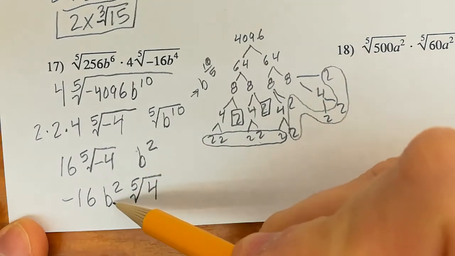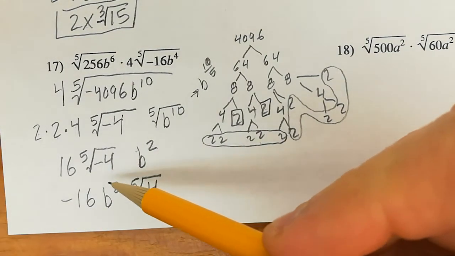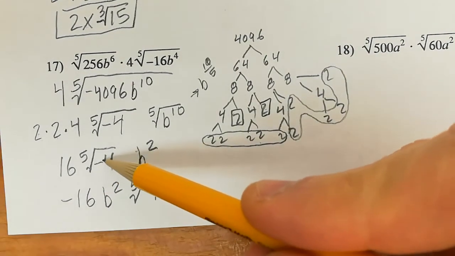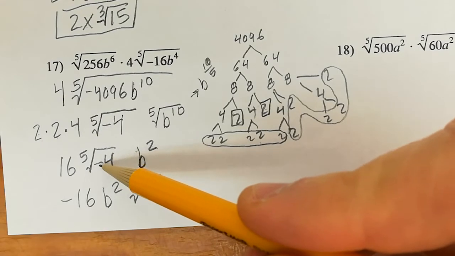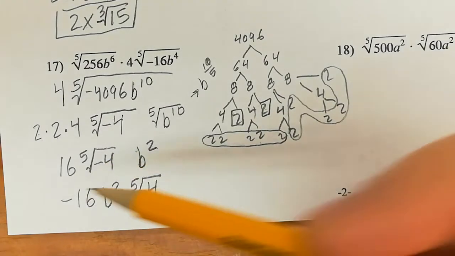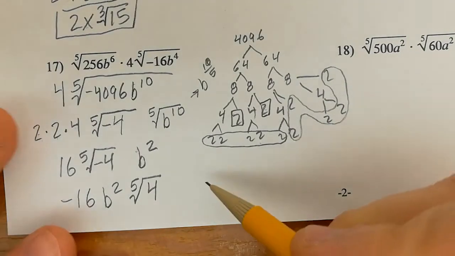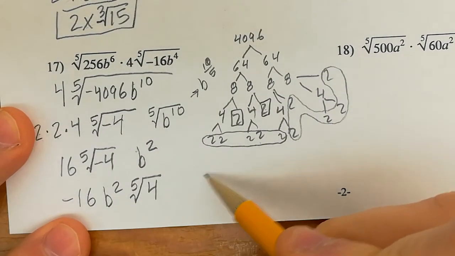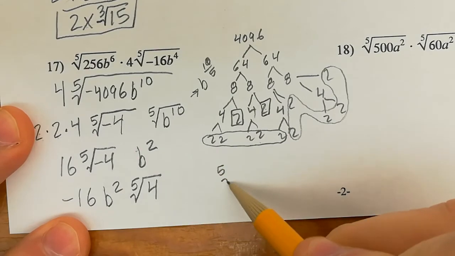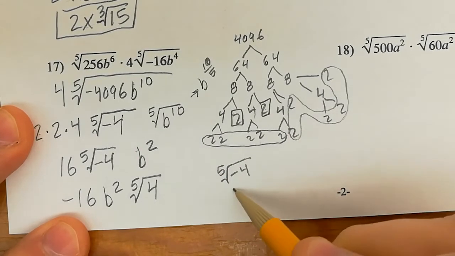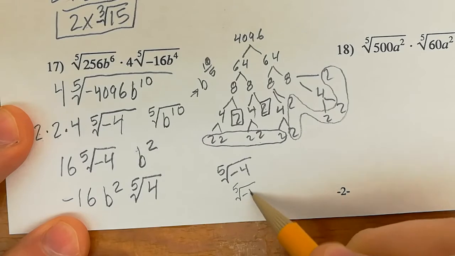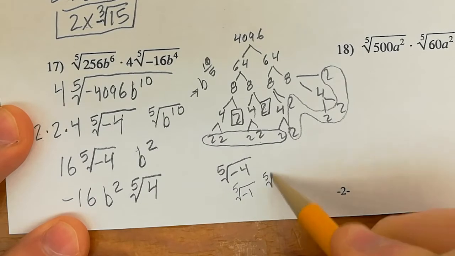And so that ends up out front. With any odd numbered radical, if there's a negative on the inside, you can actually just move it outside, okay? That's perfectly acceptable to do. If you think about it, the fifth root of -4 could break down into the fifth root of -1 times the fifth root of 4.